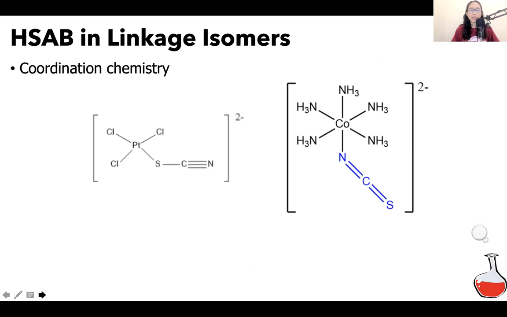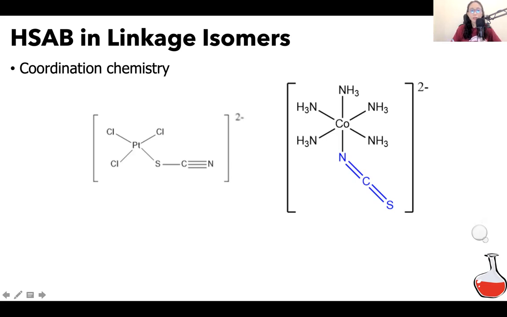Next, HSAB theory in linkage isomers. Linkage isomers are found in coordination compounds, or what we simply call complex molecules or complexes. Again, this is in relation to the behavior of metals with regard to the electronic character of the molecule donating electrons to them. So you have the class A and the class B metals, if you remember. Shown here is a platinum complex.